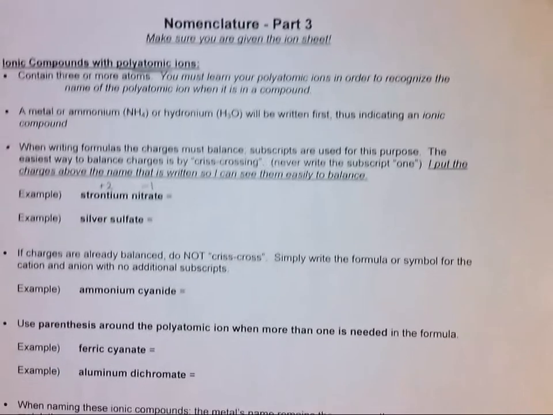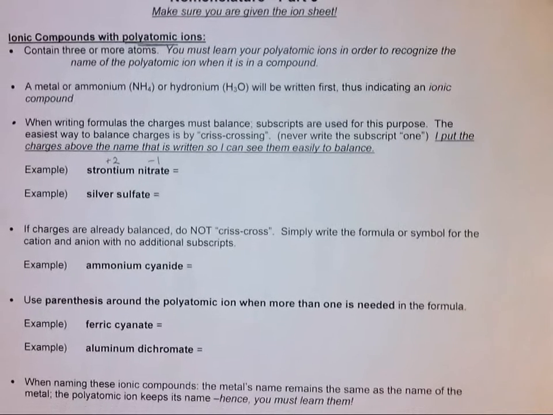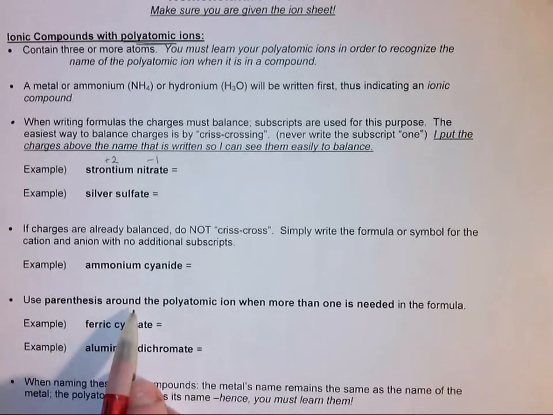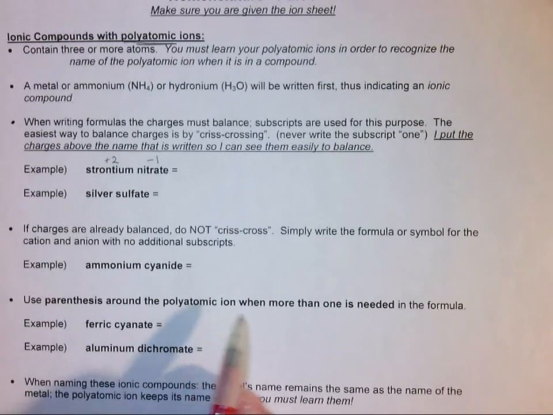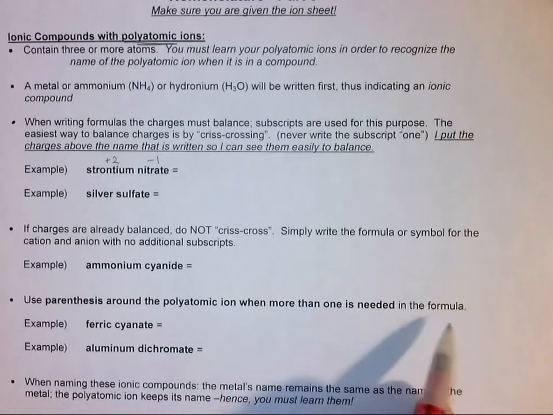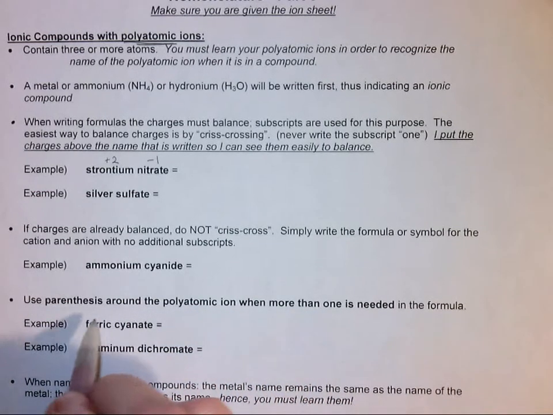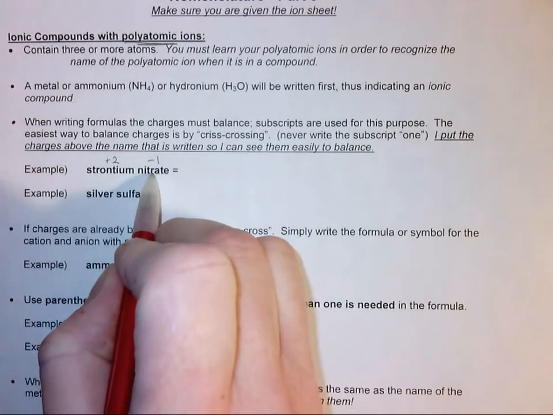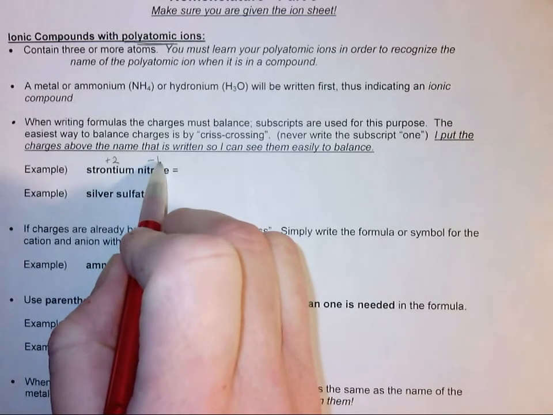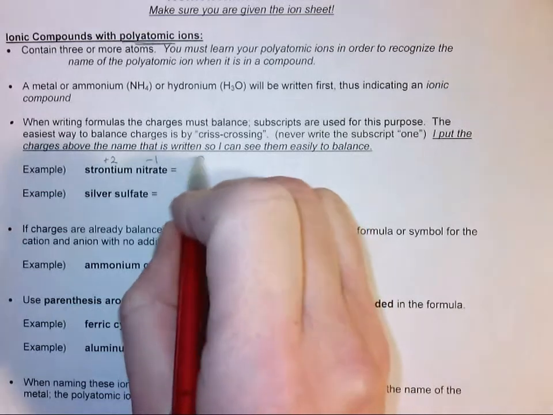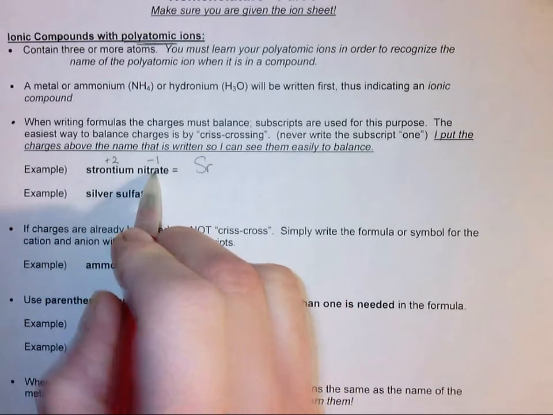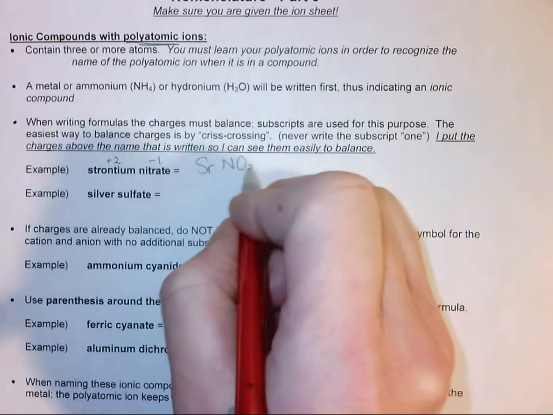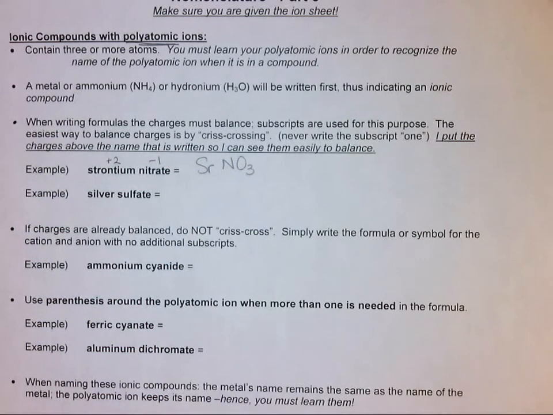Now, I will acknowledge these notes are a little backwards, so let's go down and look at parentheses. Use parentheses around the polyatomic ion when more than one is needed in the formula. So in this case, nitrate, we need 2 of them. So we're going to put Sr, that's our strontium. Nitrate, I know, is NO3. How did I know it?